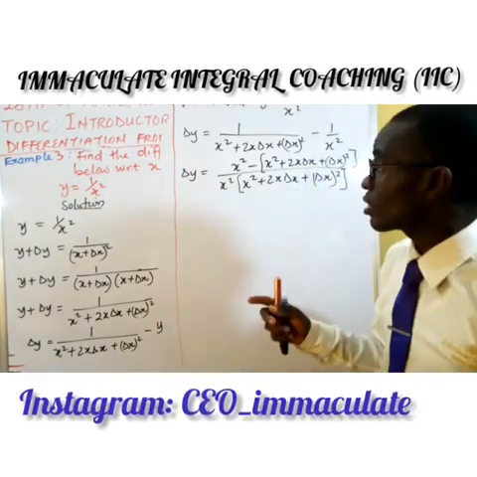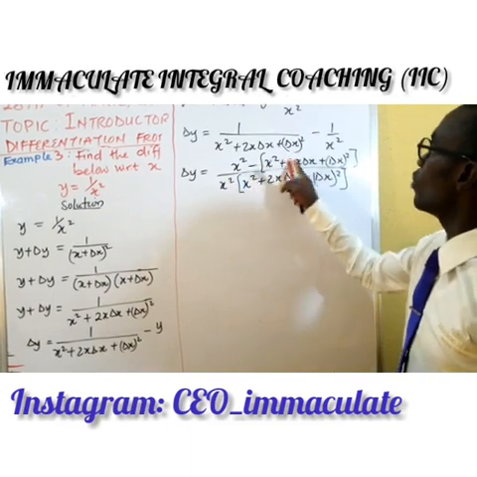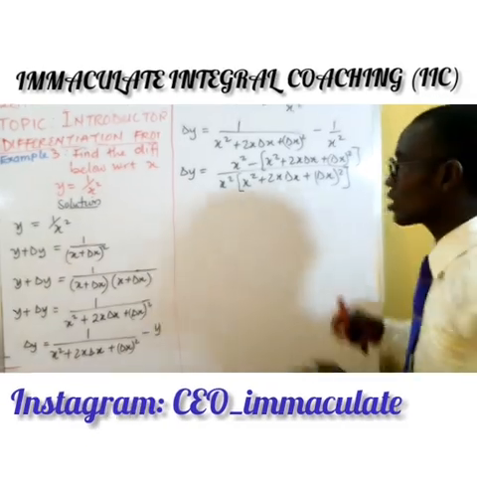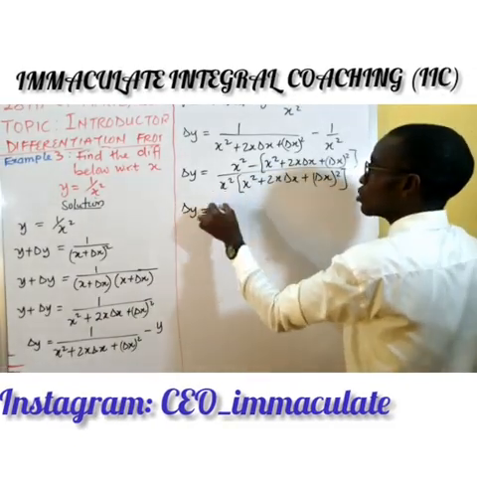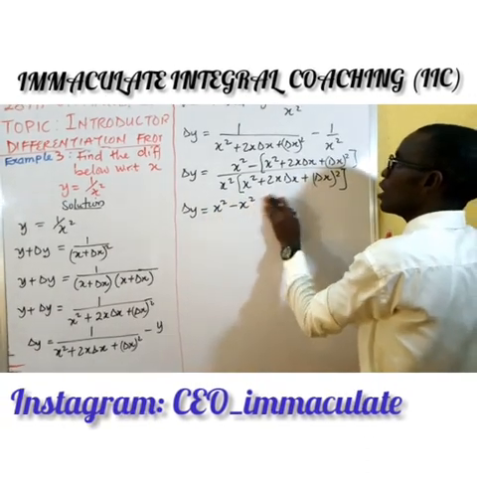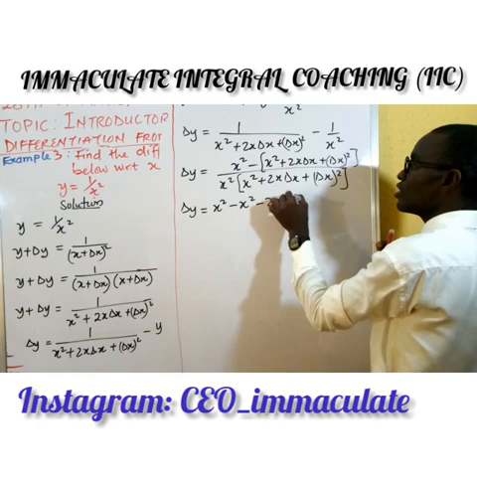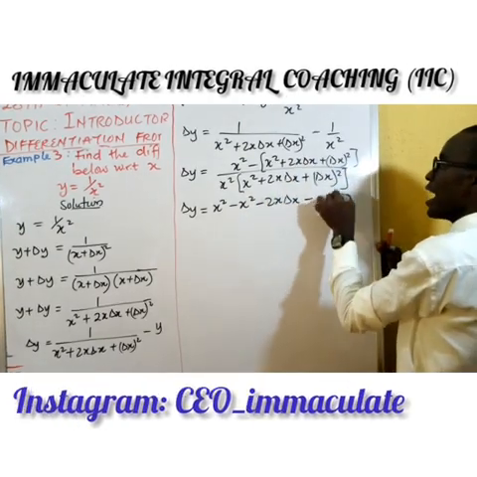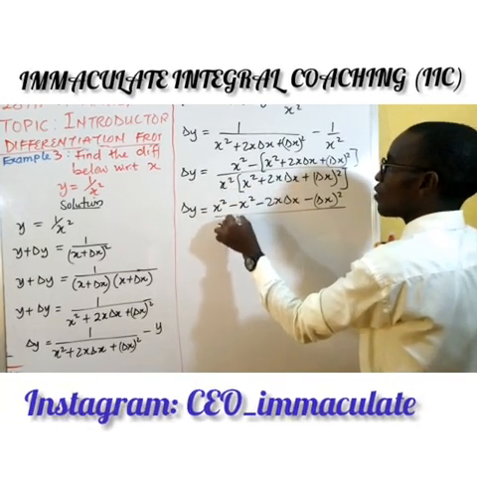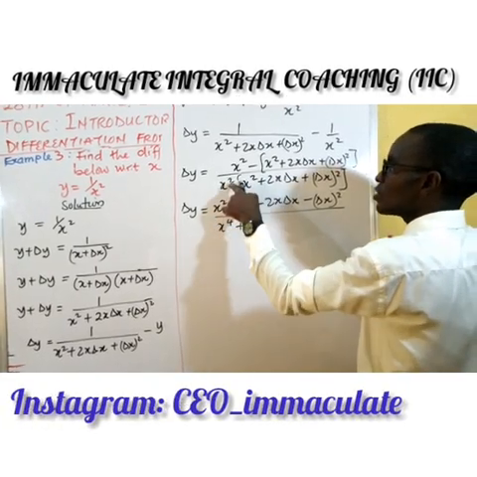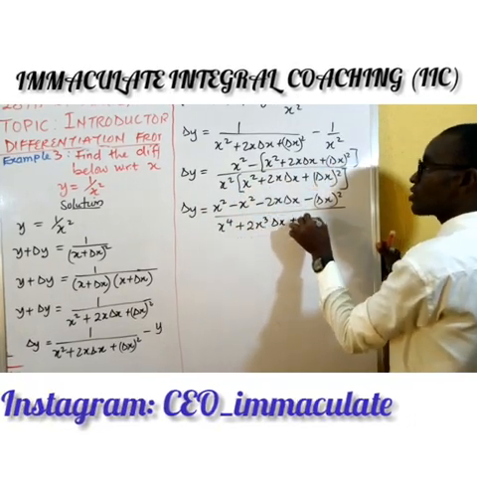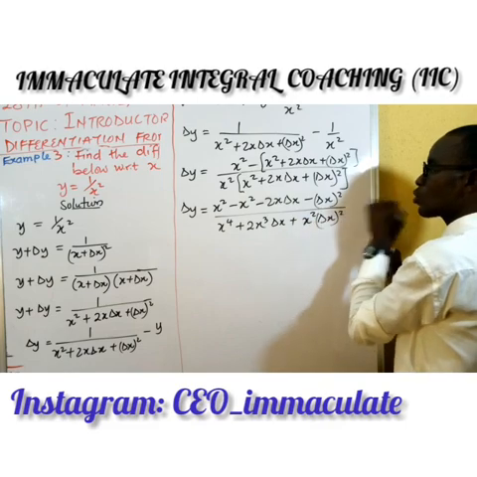Okay, so what's the next thing we're going to do? We have to remove this bracket. We use the minus to multiply everything inside the bracket. So δy will now equal x squared minus x squared, plus times minus 2xδx minus δx all squared, over x to the power 4 plus 2x squared times 2 plus 1, that's 3, δx plus x squared δx squared.